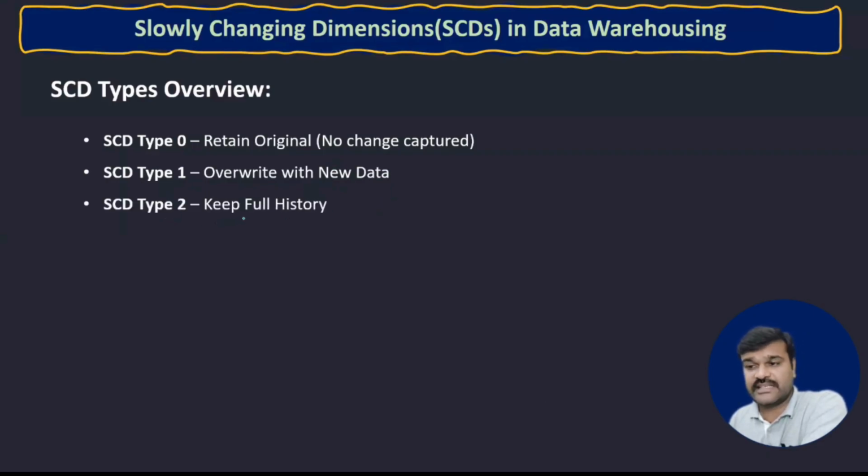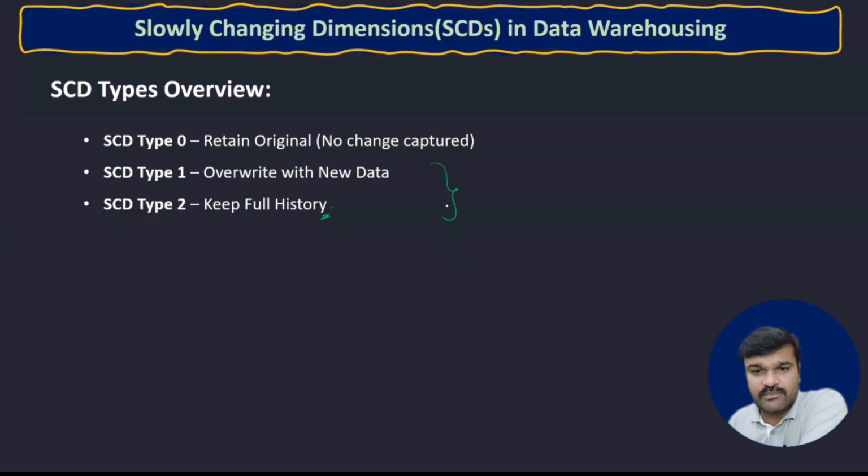Type 2 is about the full history. What is the previous value for a particular column, for a customer what is the previous address, and before that what was the previous address. The duration also you can tell based on the captured values. So that's the full history you maintain. Understanding SCD type 1 and 2 really matters, and the remaining ones are based on these two only.